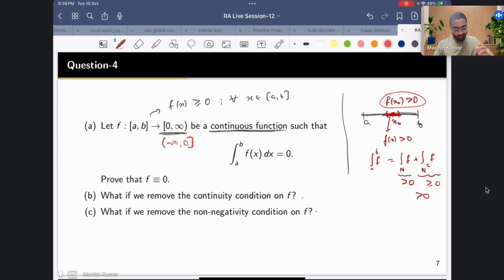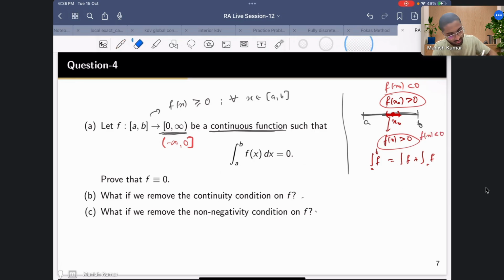If it is negative, the same argument works: f of x0 is less than 0, by continuity f of x is less than 0 in a neighborhood, the integral over the neighborhood is less than 0, the other is less than or equal to 0, and ultimately you get less than 0, which is a contradiction. So the proof is the same for both parts.